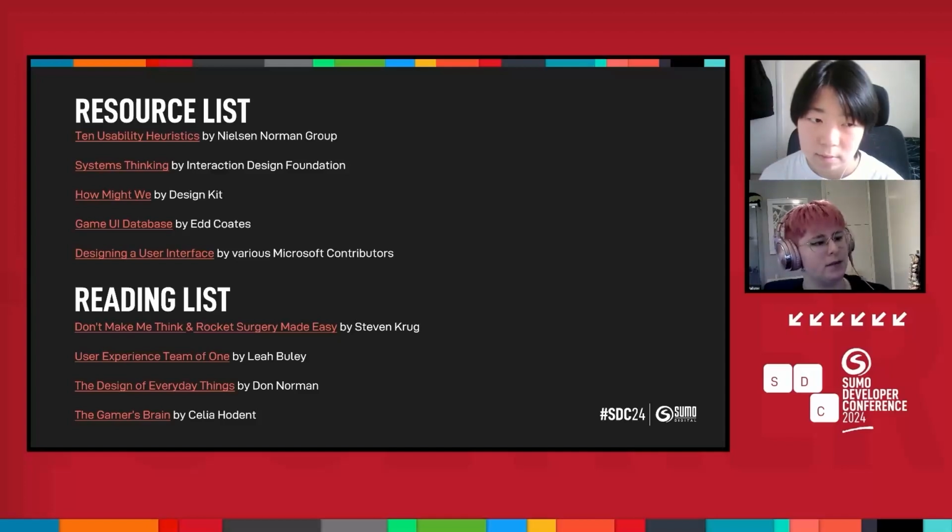And then we have some tried and true books. Don't Make Me Think and Rocket Surgery Made Easy by the amazing Steve Krug. And The User Experience Team of One for our lone fighters out there. And then The Design of Everyday Things. I'm very much a proponent of design as a big field, so physical design and ergonomics, just understanding how people want to use things and engage with them.